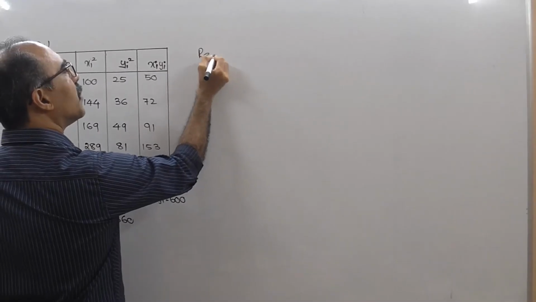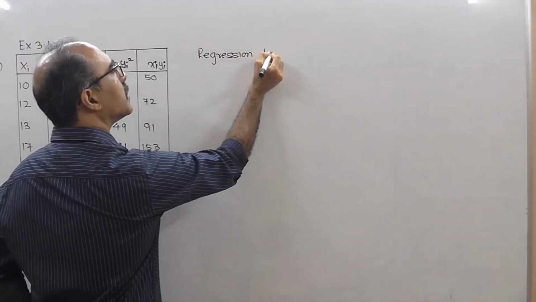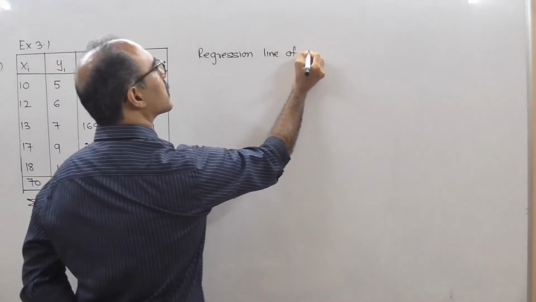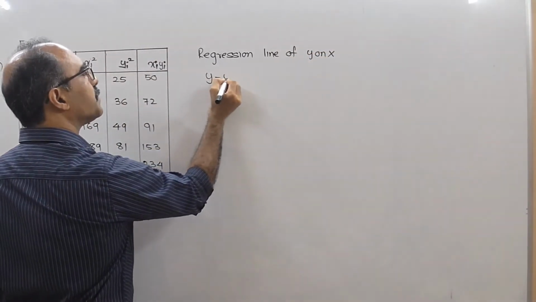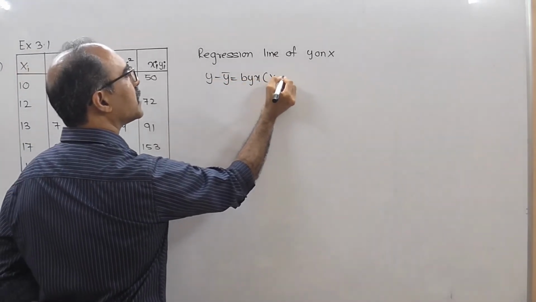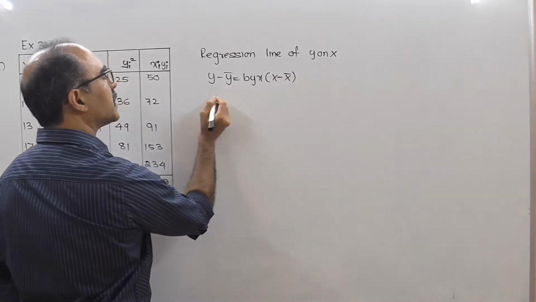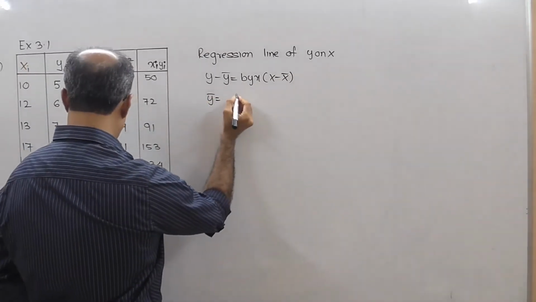Next we want the regression line of y on x, which is y minus y bar byx, x minus x bar. I think y bar you can copy from the previous case.